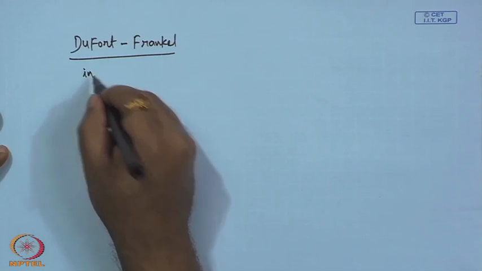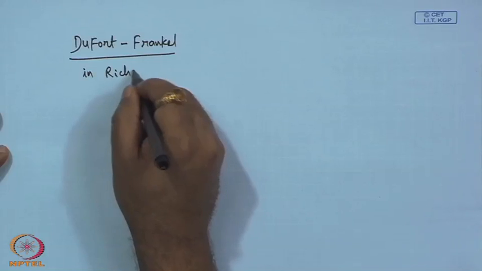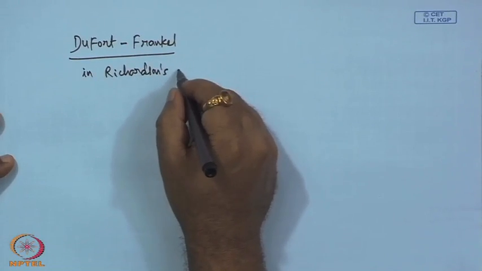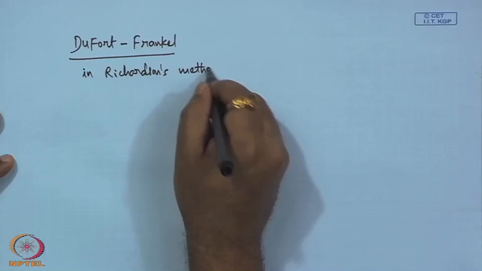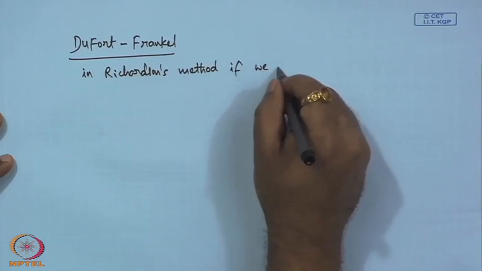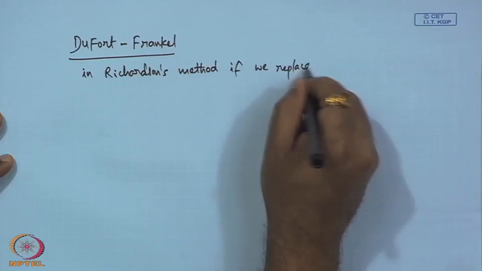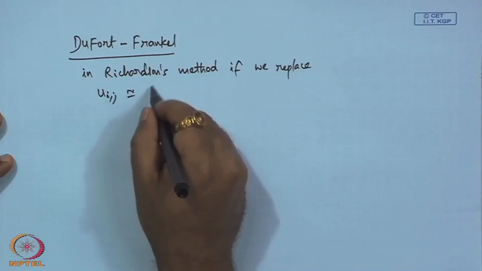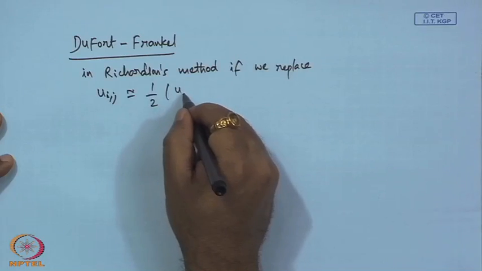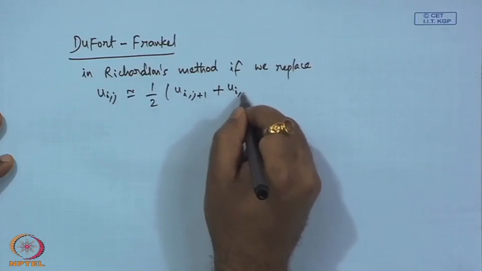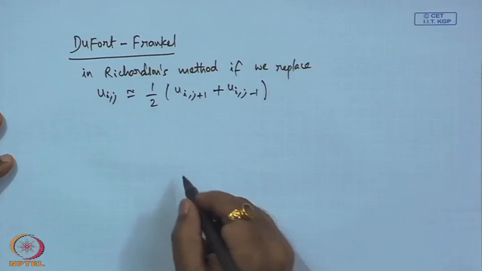So, now what we do in Richardson's method, if we replace u i j by the average. Okay.